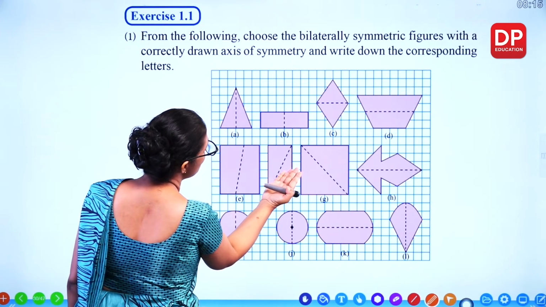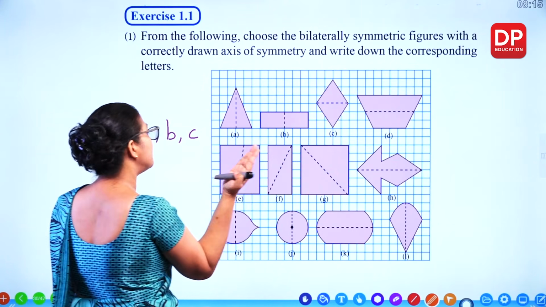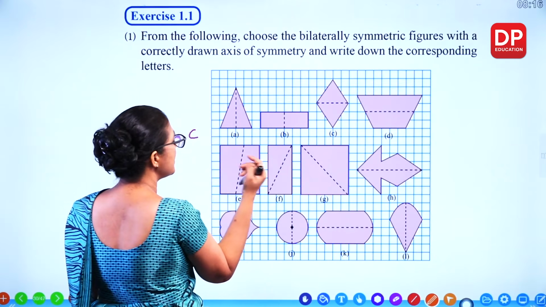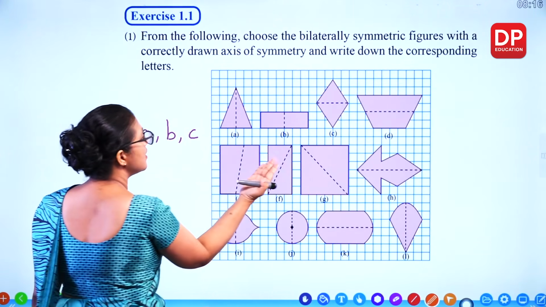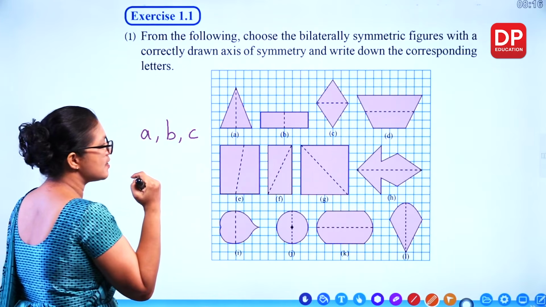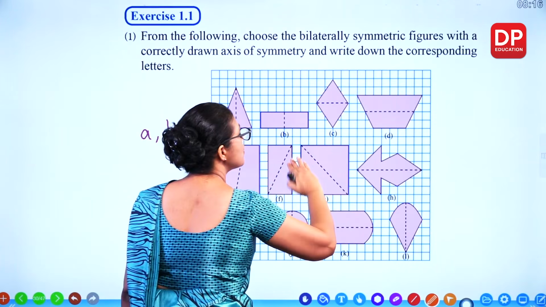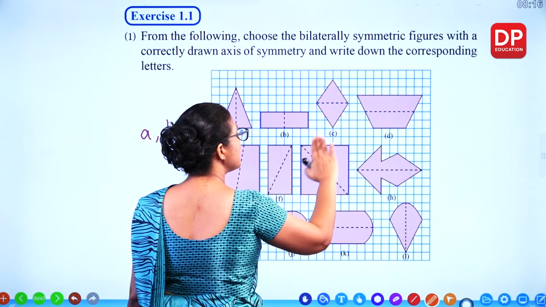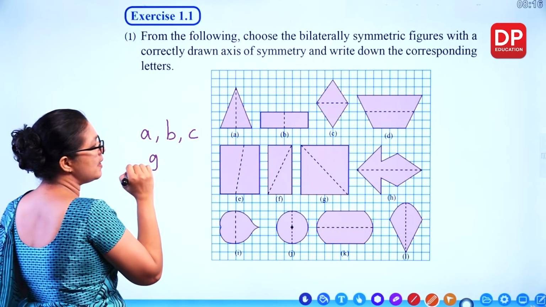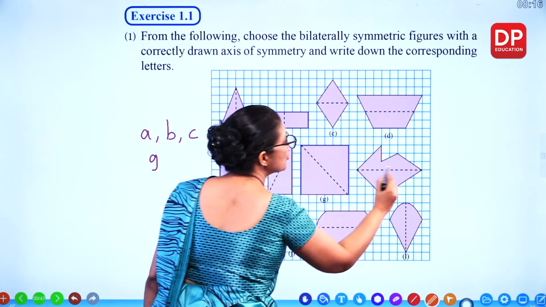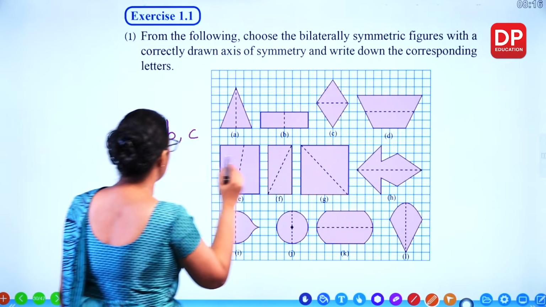This one, when you take this way, what can you see? You can't fold it. You are not getting this one, but this one, when you fold it like this, you get the same part. So G possible, and H also you get the same figure.